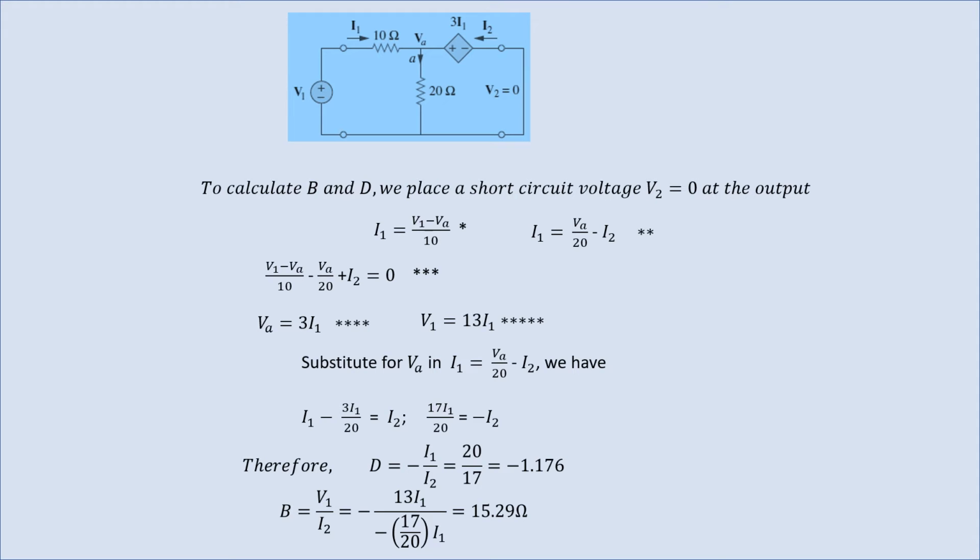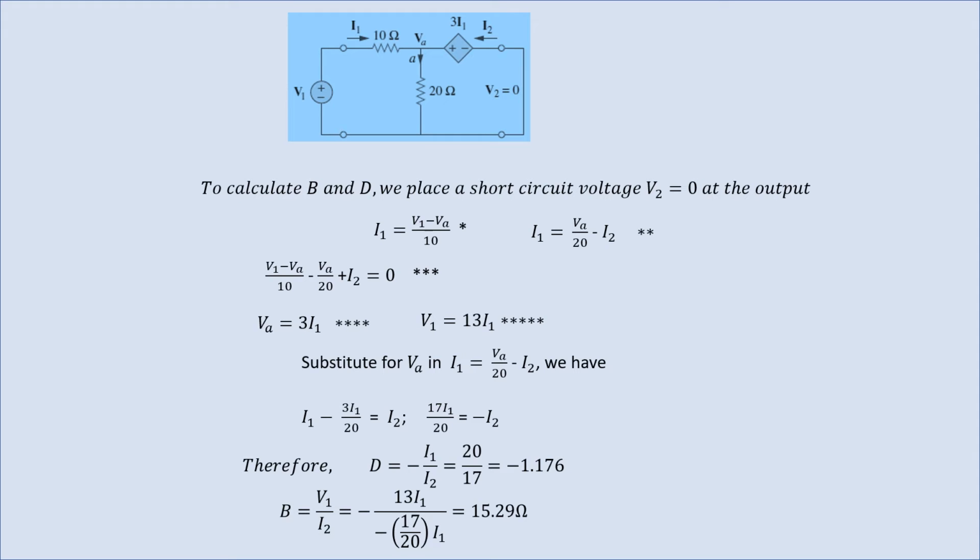Similarly, to calculate B and D in the question given to us, we'll place still a voltage source at the input side of the two-port network, and then we'll place a short circuit, voltage V2 equals 0, at the output side of the two-port network.